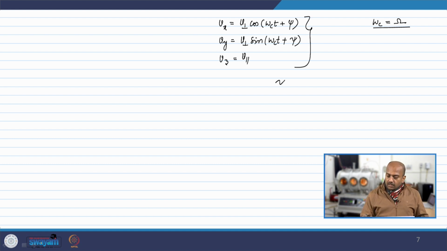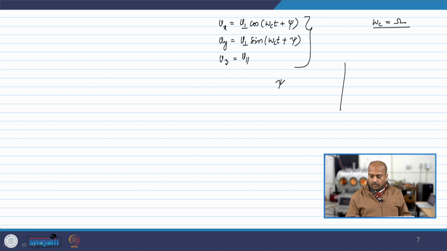What is psi? Psi is just an initial phase angle which defines the orientation of the particle when t is equal to 0. So that means at t is equal to 0 the particle is here, and if it is an electron, it will go like this. If it is an ion, it will go like this, given that x and y are oriented in this direction.